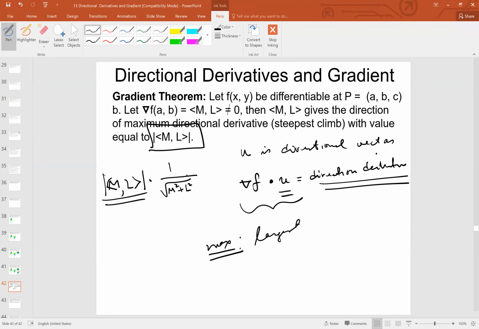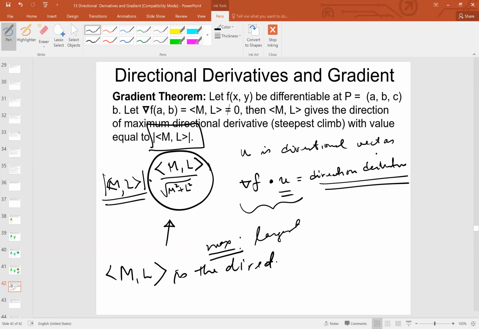And if the length is 1, then the one that you want to dot to give as much as possible is the unitized gradient. So in other words, the gradient is the direction of maximum ascent.